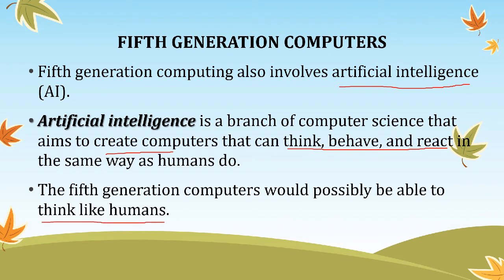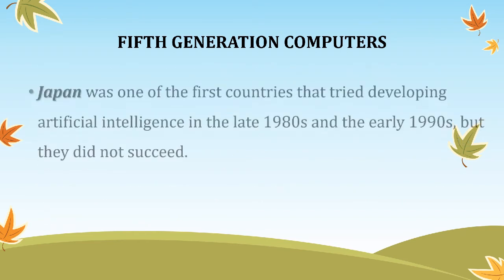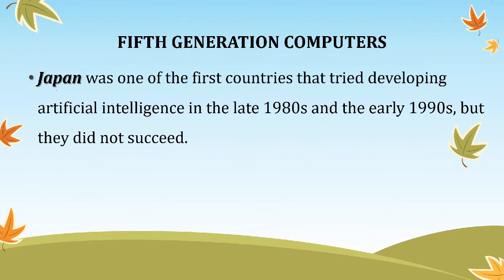See, nowadays in modern computers, a desktop computer or tablet computer, whether it can think like human beings? No. Whether it has any emotions? No, right? But in fifth generation computers, we have this artificial intelligence. Now scientists are trying to inbuild this feature in modern computers. And Japan is one of the first countries that tried developing artificial intelligence in the late 1980s and early 1990s, but they did not succeed.